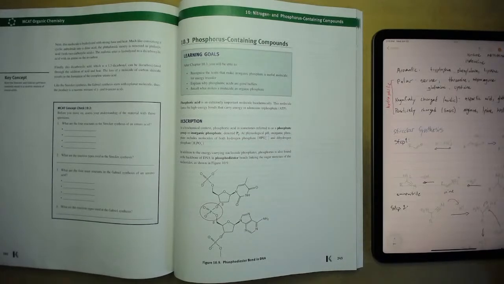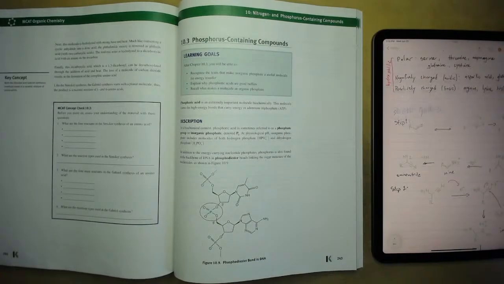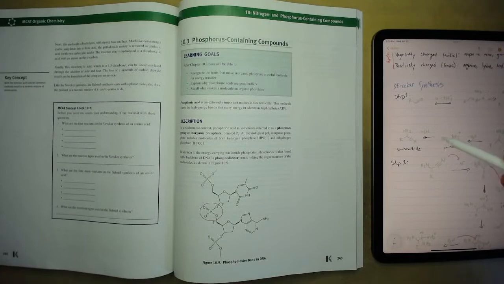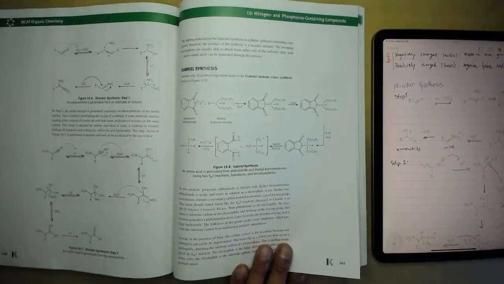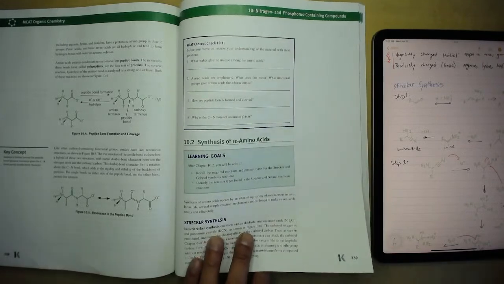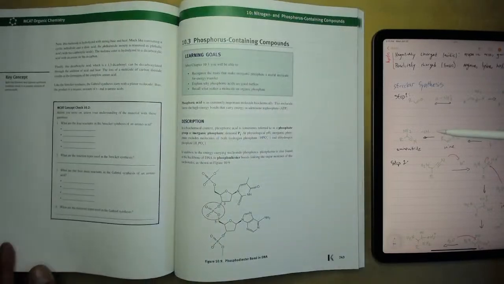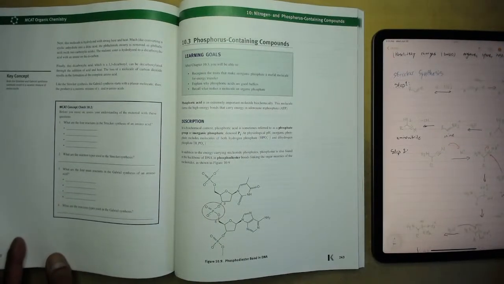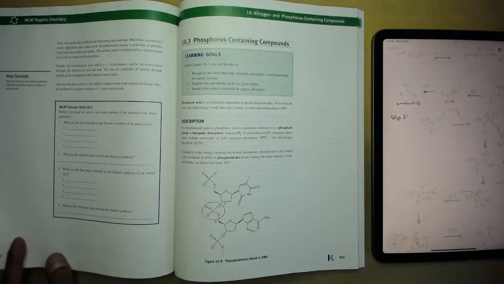Strecker synthesis takes an aldehyde, ammonia, a nitrile like potassium cyanide, which has a nitrile, so potassium cyanide, and then water, I guess, is all you need after that.